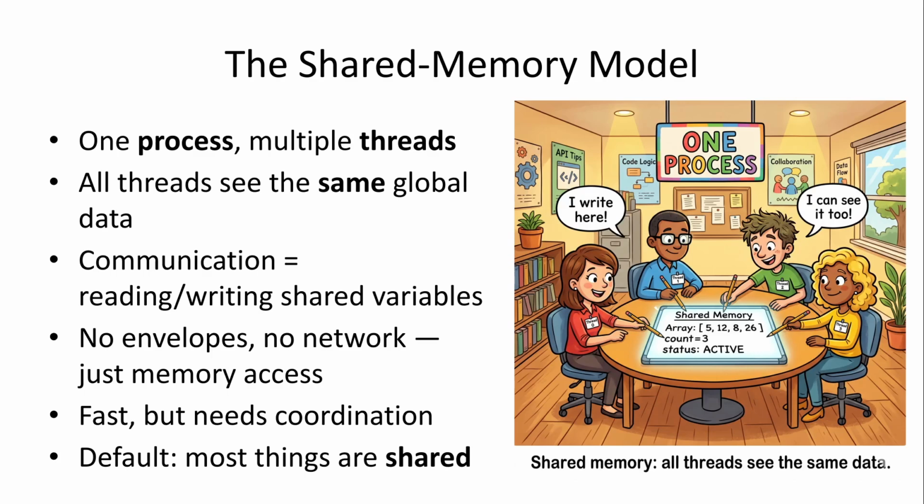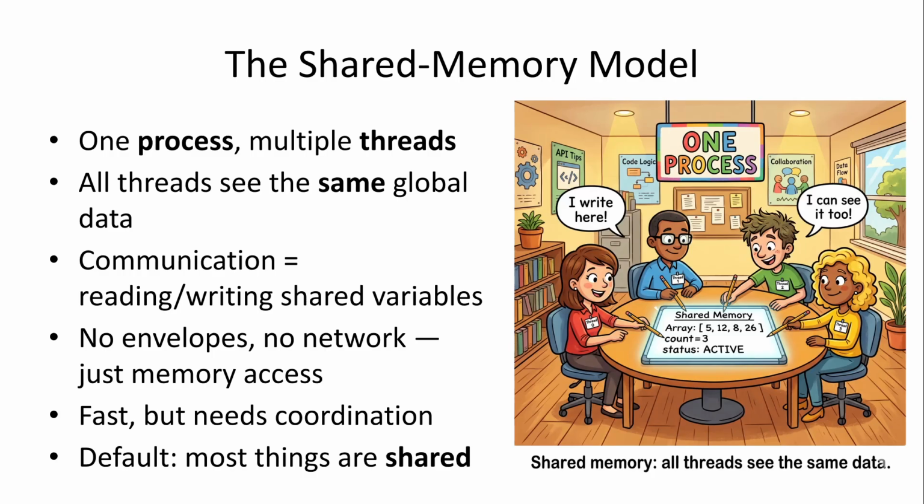The communication is simply that you go and read or write to the shared variables, and every other thread will be able to see it. We are not sending and receiving data between the threads or processes. It's just plain vanilla memory access.